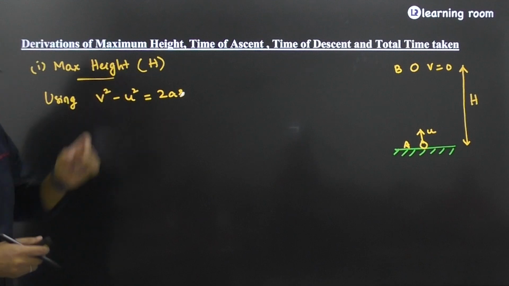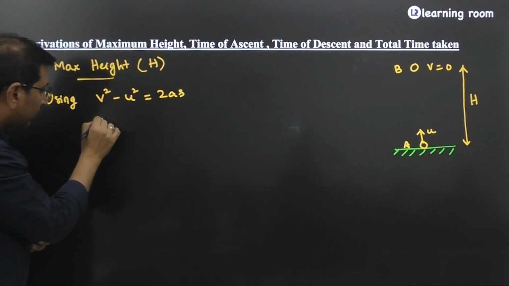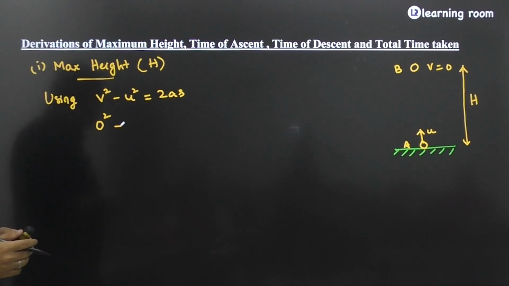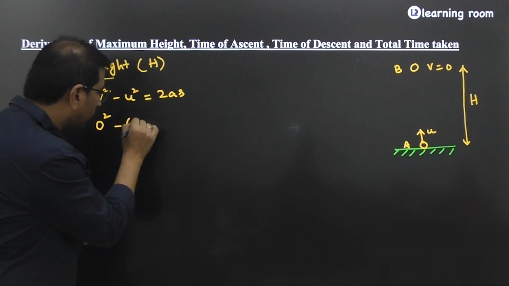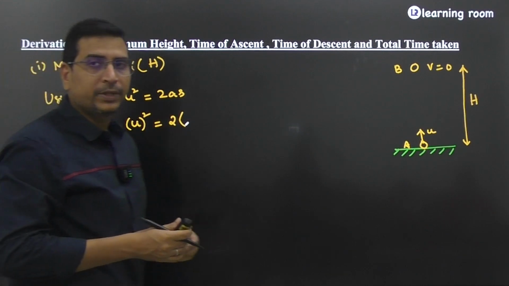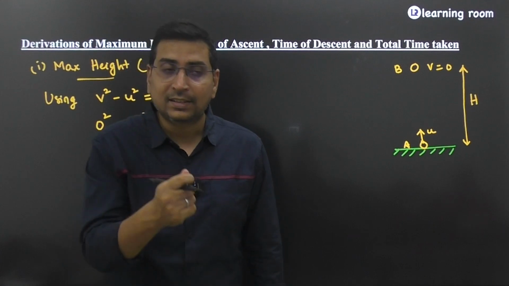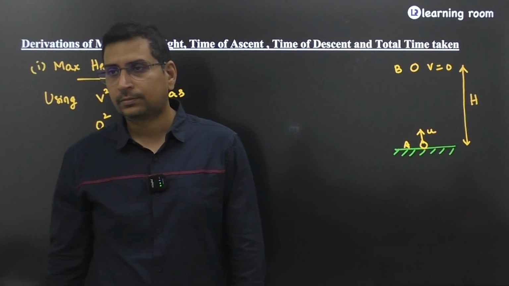What is the value of v? 0. v is the final velocity during the journey. It is 0. So 0 square minus, what is the value of u? It is u only. u square is equal to 2 into, the important question to be asked is, when the object is traveling upwards, in what direction is the acceleration due to gravity acting?